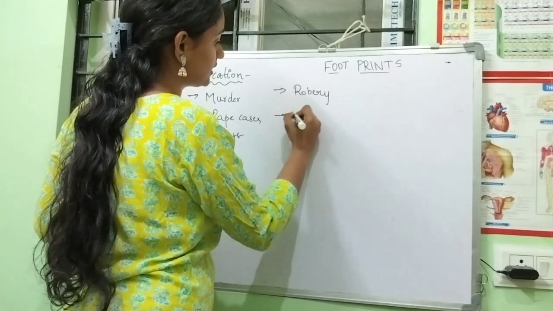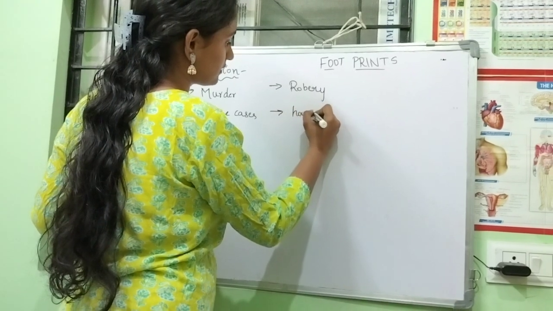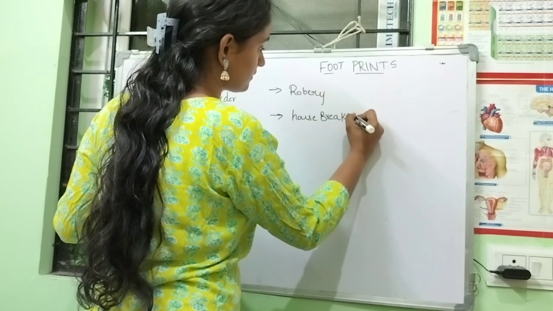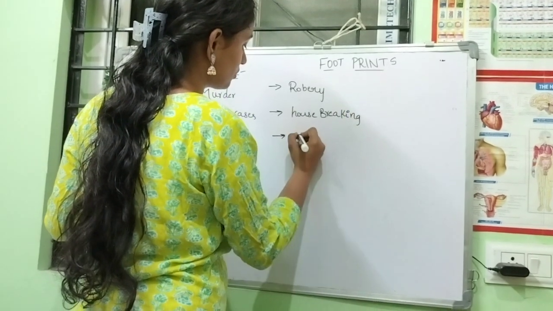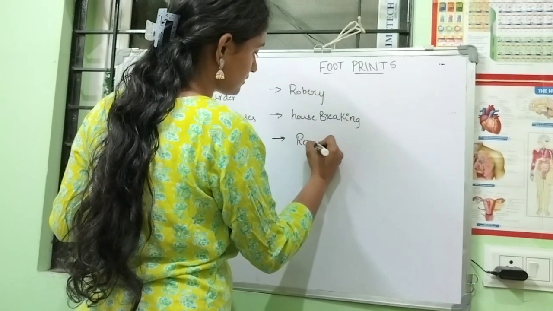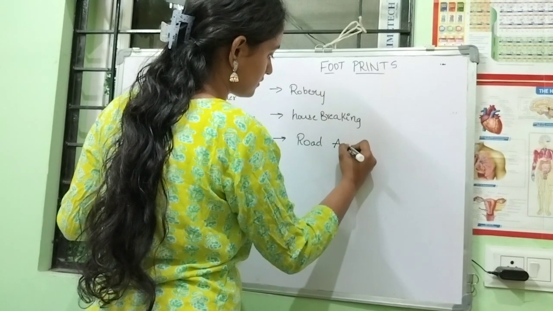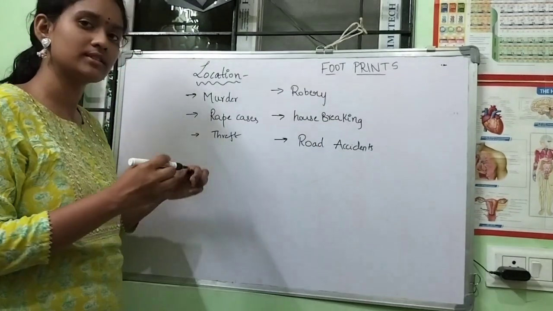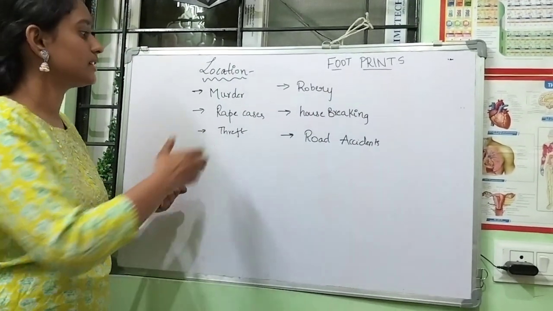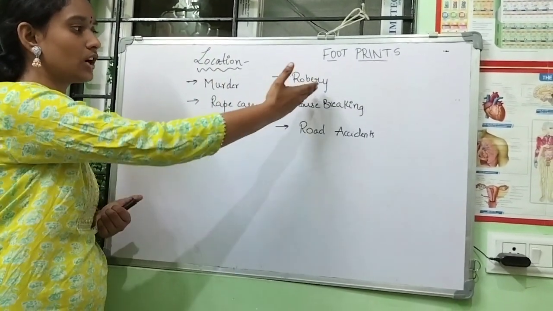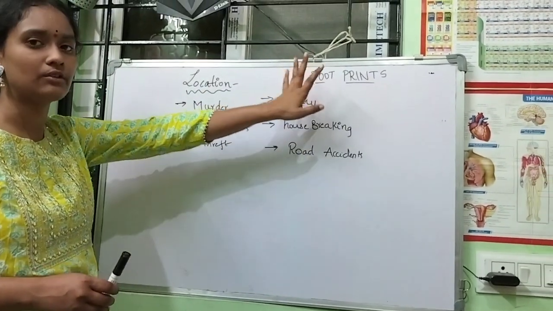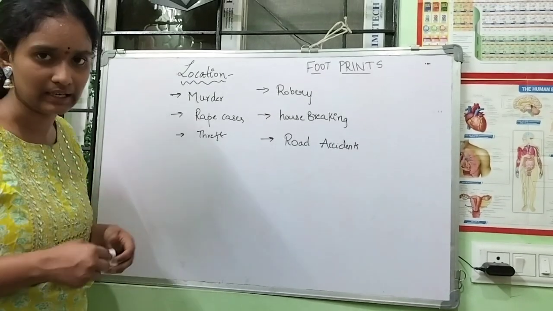In house breakings. In road accidents. In these types of crime scenes, murder, rape cases, theft, robbery, house breaking and road accidents, we can find footprints as physical evidence.